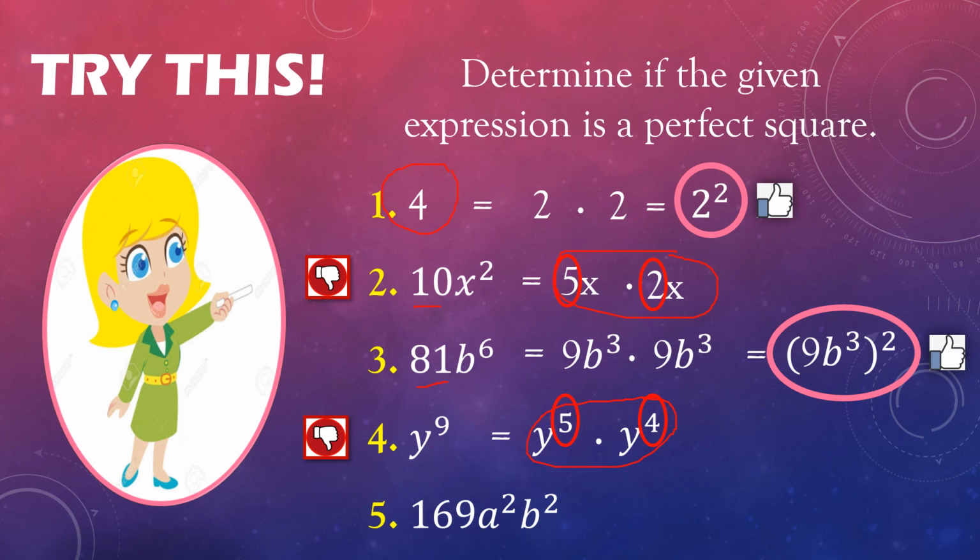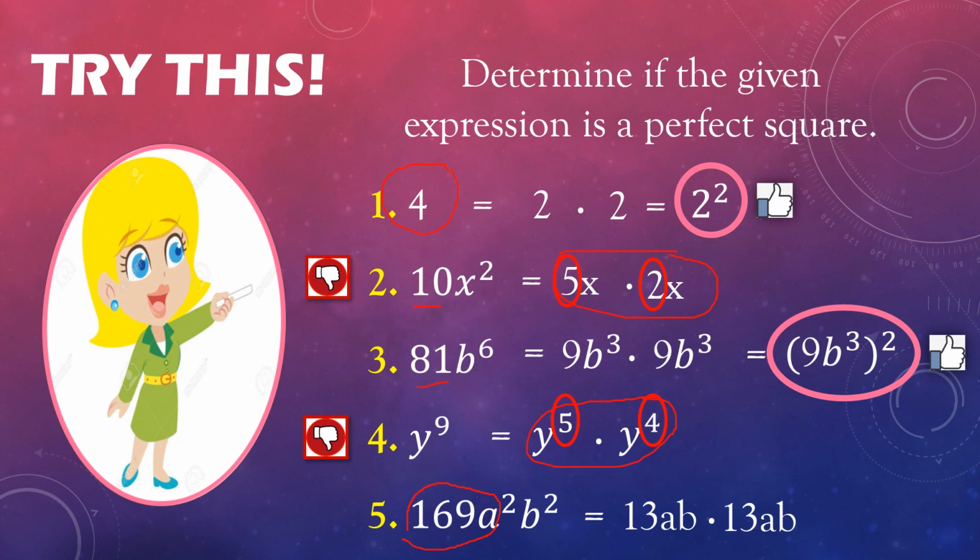In item number 5, 169 a squared b squared. What are the factors of 169? You can use calculator if you find the numbers difficult to compute. So we can use the numbers 13 and in the variable a, b.